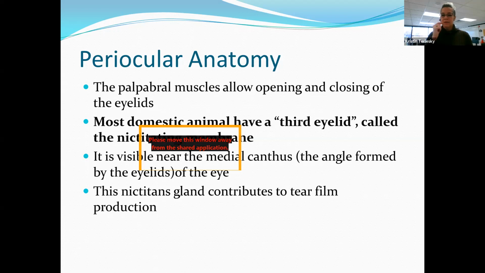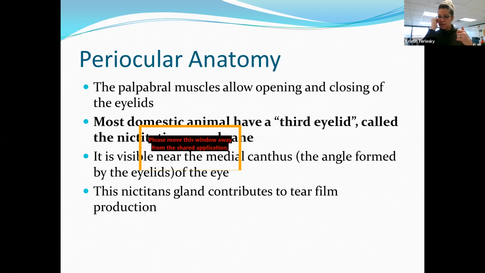Most domestic animals have what they call a third eyelid. That third eyelid is called a nictitating membrane, and you have to remember that term, nictitating membrane. If anybody has animals, and they are under anesthesia, maybe tranquilized, or maybe even sick, that third eyelid or nictitating membrane will come out of the corner, the nose corner, and then come up.